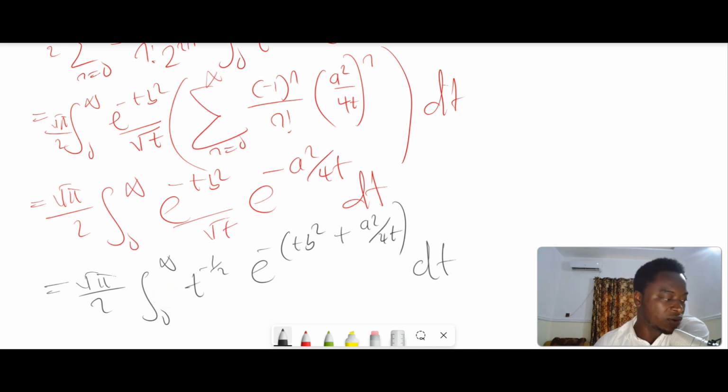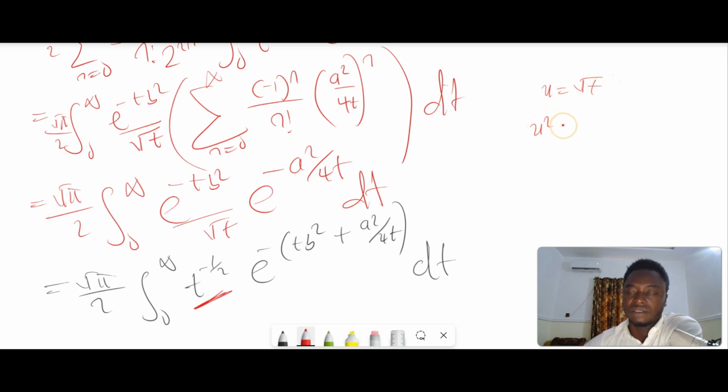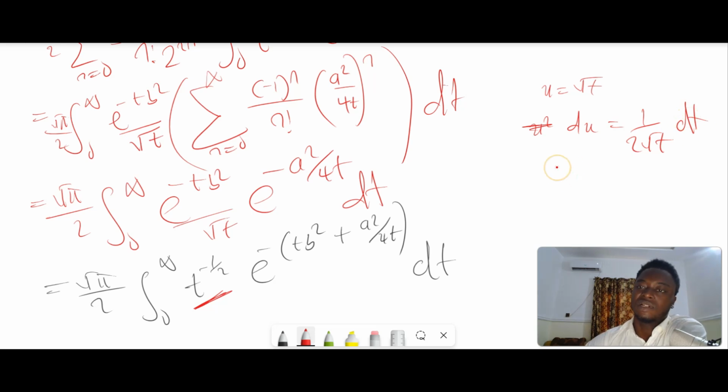So now what we're going to do is get rid of this t to the negative half here by writing u as square root of t. So du would be 1 over 2 square root of t dt. Then t would be equal to u squared, and the limits of integration remain unchanged.